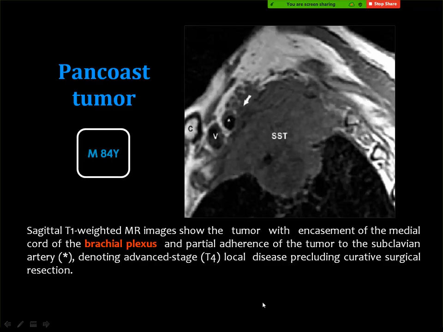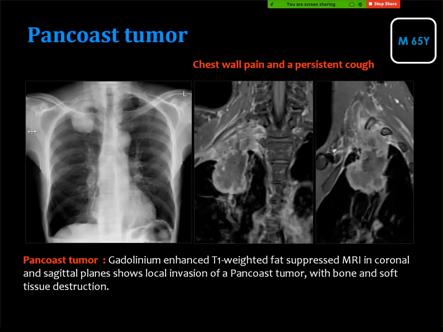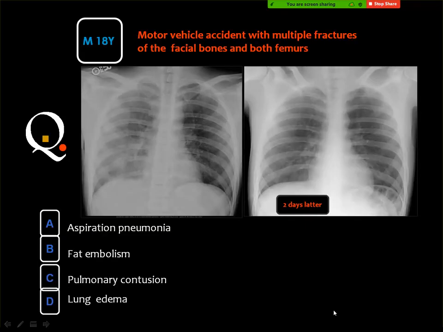Any invasion of one of these three structures is a contraindication for surgery. Then X-ray can help in the diagnosis of the tumor by notification of the adjacent rib destruction, but you need MRI for the three important structures I have mentioned.